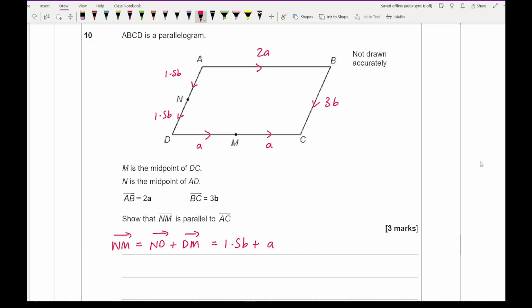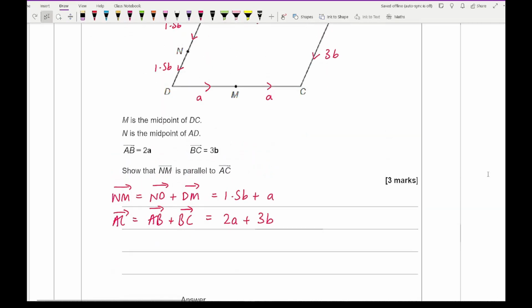Then I need to work out what A to C is. Well, to get from A to C, I'm going to go A to B plus B to C. And that's going to be 2A plus 3B. So then looking at this, if I just rearrange, I can see that I've written it in different orders.